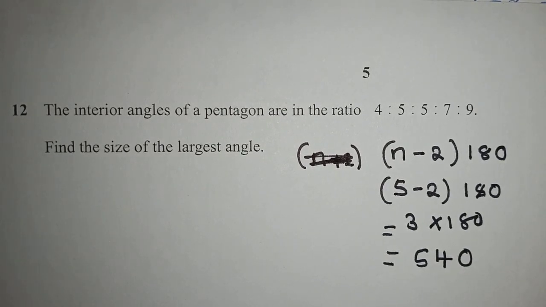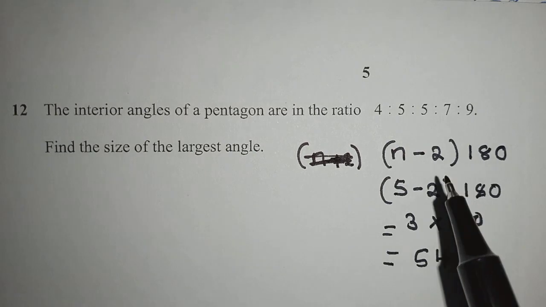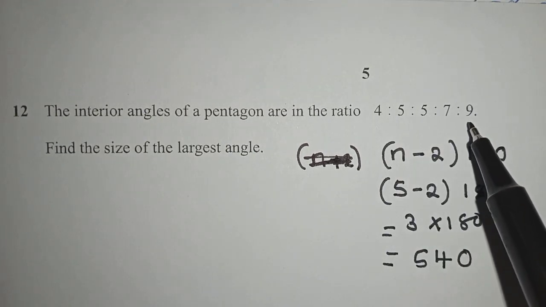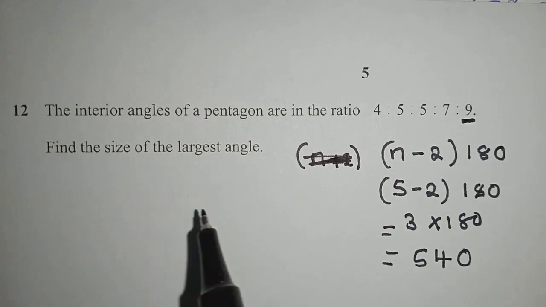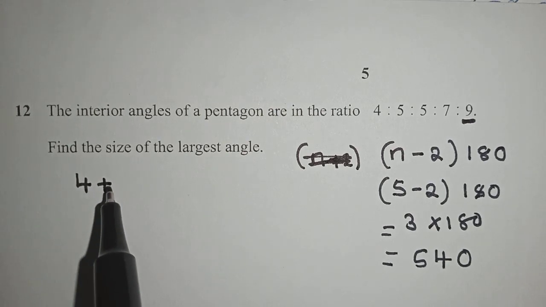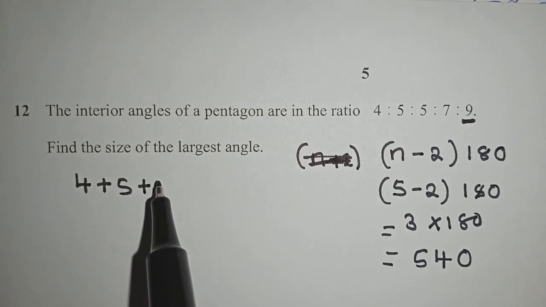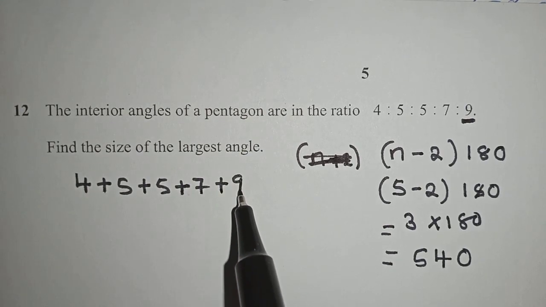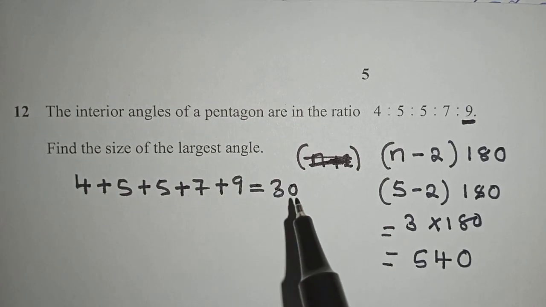Now, out of this ratio, the number that will give us the largest angle is 9. So we're going to say 4 plus 5 plus 5 plus 7 plus 9, and this will give us 30.